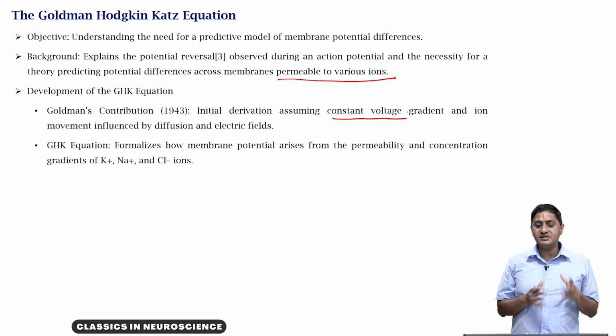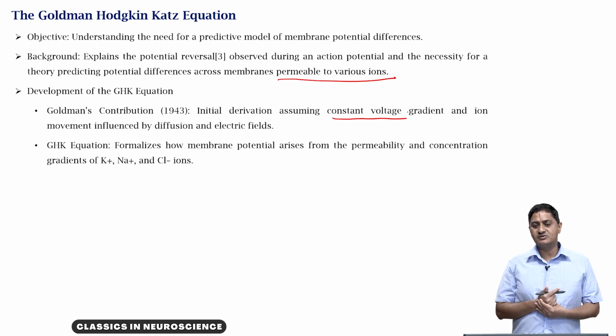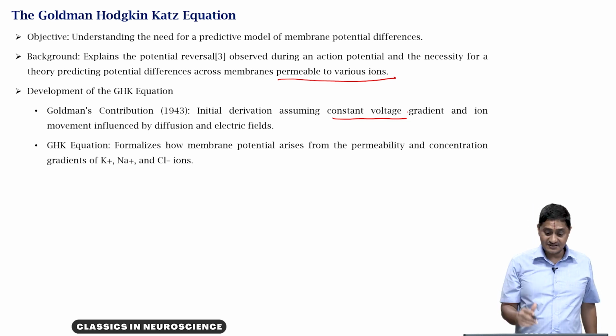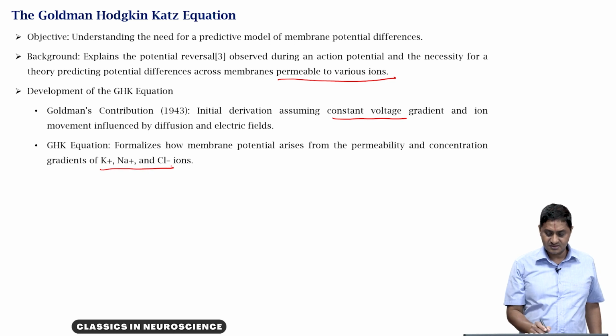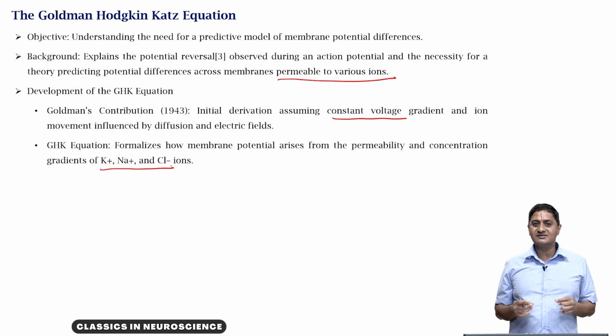The gradient alone is not enough, but the permeability also comes into the picture. So, this equation essentially formalizes how the interplay between these two factors, for the three ions, contributes to the potential difference across the excitable cell membrane.